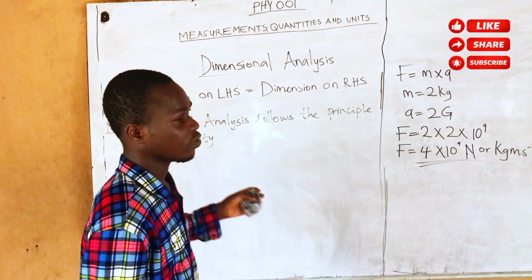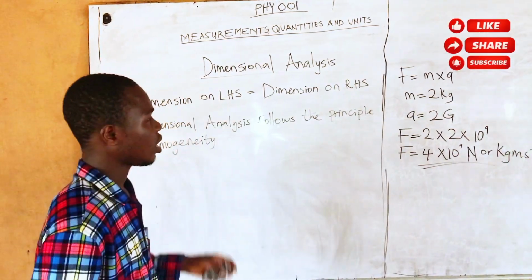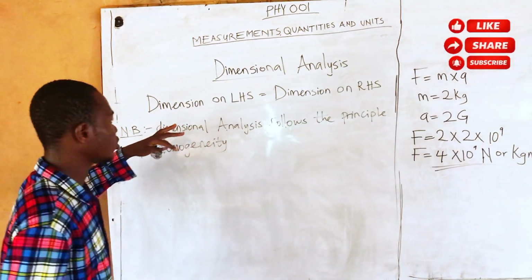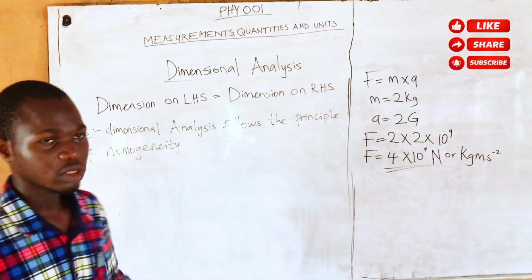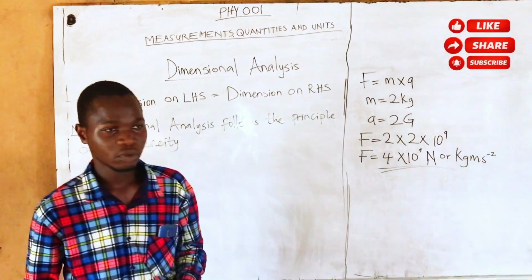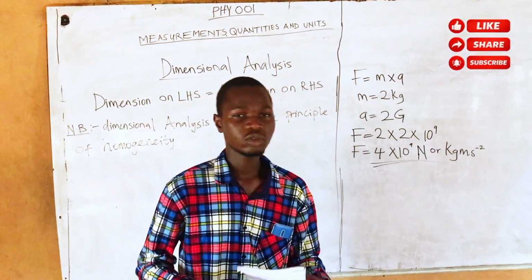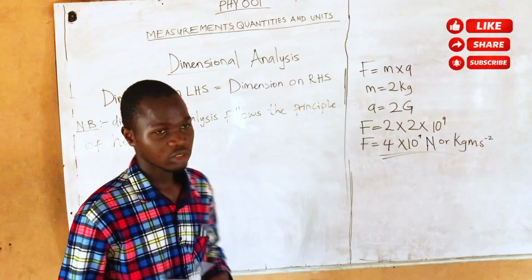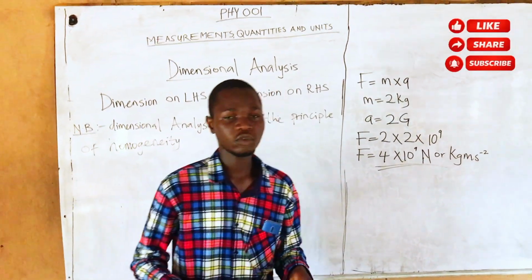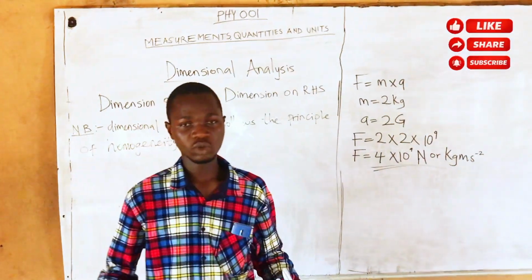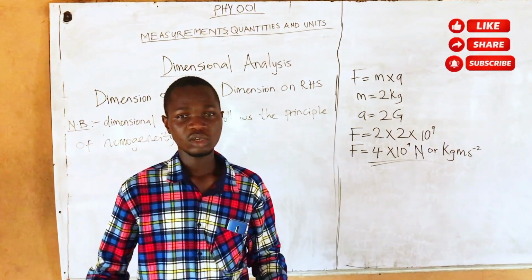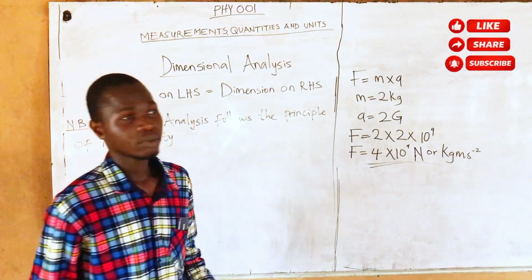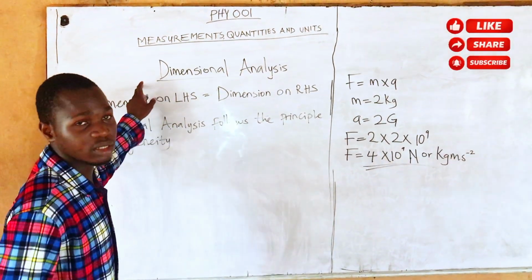When we are talking about fundamental quantities, we say all those fundamental quantities have their what? Dimension. So these dimensions are very, very important in physics because they serve many purposes. For example, if you want to derive an equation, you can use dimensional analysis. Or if you want to know whether an equation is correct or is not correct, you can use dimensional analysis to confirm.